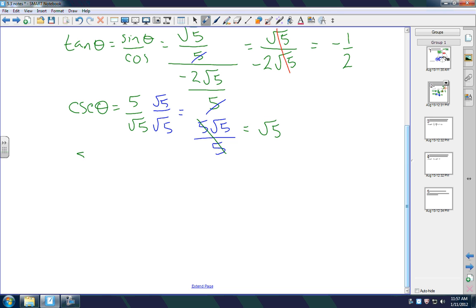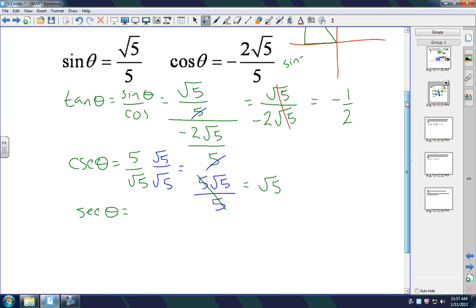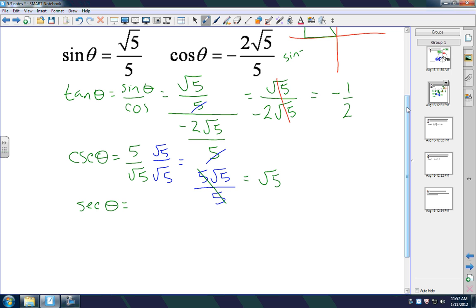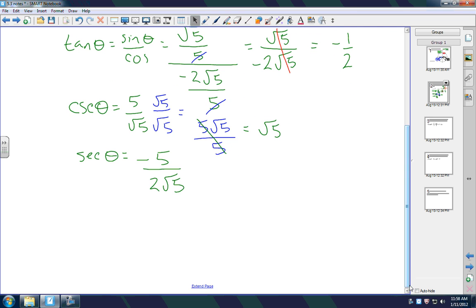Let's grab the secant now. So all we need for a secant is the reciprocal of the cosine. So negative 2 square roots of 5 over 5. Make sure you keep that negative. Now we're going to have to rationalize this guy as well.